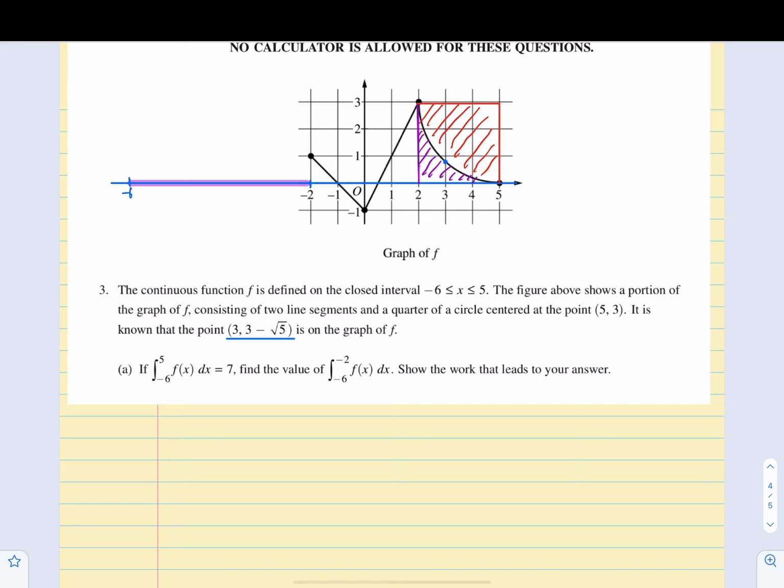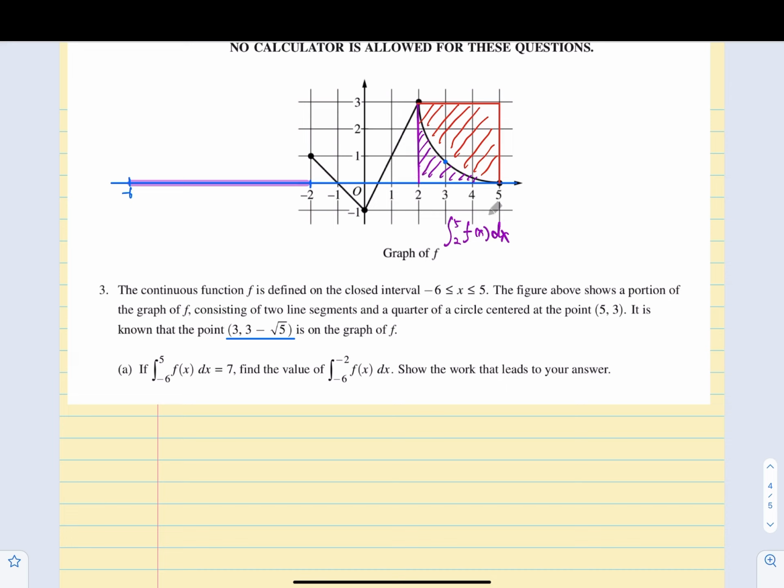We find this area. So this area we can definitely think of as the integral from 2 to 5 of f of x dx. Yeah, this part, and we also have a part from this one to this one.